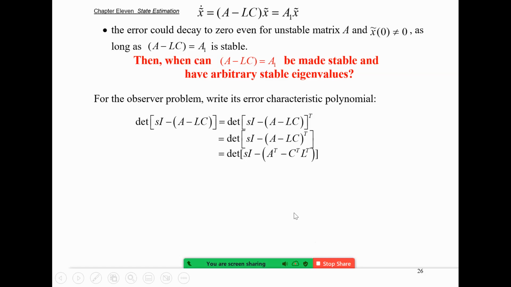Now let's make the final form recognizable. I'm going to use A tilde to denote A transpose, B tilde to denote C transpose, and K tilde to denote L transpose.